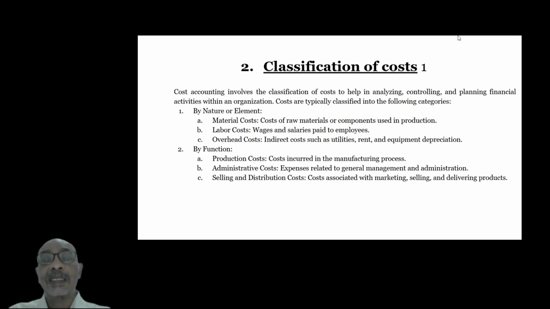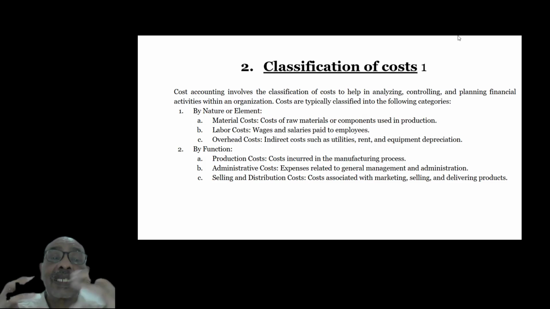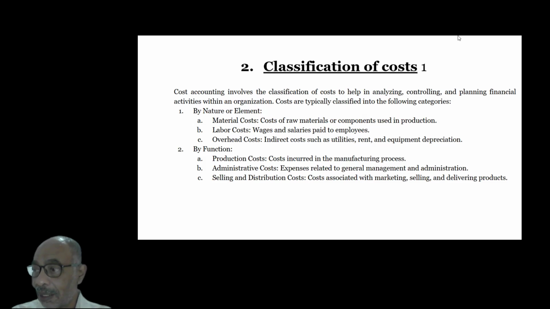So we can classify cost in some categories. Some of these categories are as shown below. We can classify the cost by nature or element, by nature. Element means something you put with another to make something.